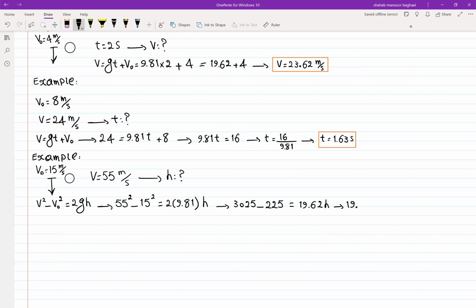Therefore, 19.62 h equals 2,800. Therefore, h is going to be 2,800 over 19.62. Therefore, height is 142.71 meters.